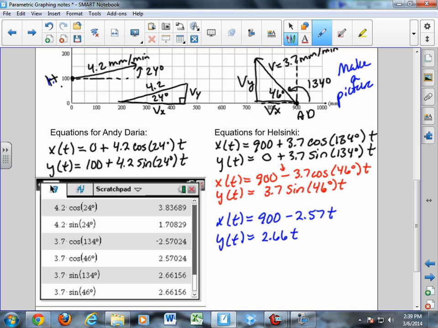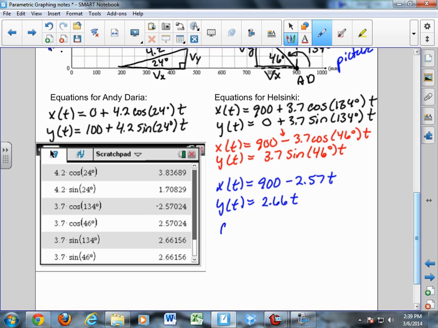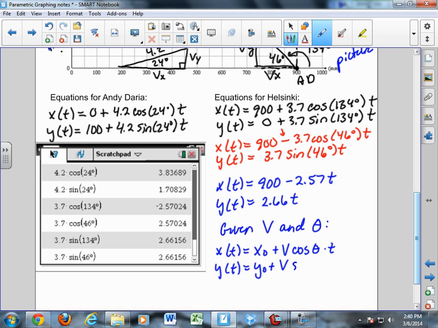So in general, we can say then that given v and theta, we could write our equations as x of t is equal to the initial x value plus v cosine theta times t, and y of t is equal to the initial y value plus v sine theta times t, plus 1/2 gt squared if necessary.